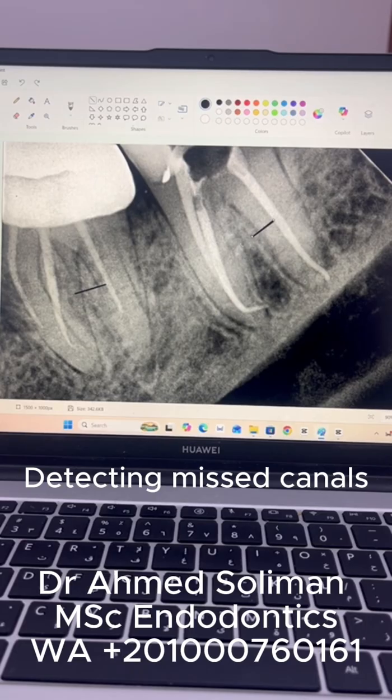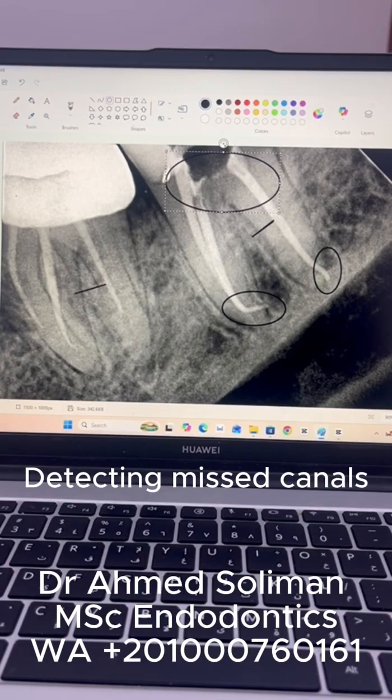An exact match. Don't measure from the apical part. It has a lot of variations: this canal opens laterally, this one has a 90-degree curvature. Don't measure from where the roots are still developing, but measure from the middle third if you can.